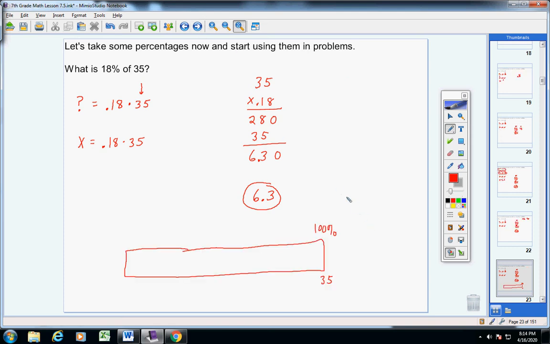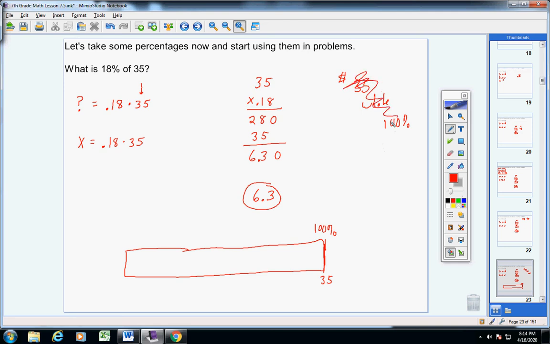All right, so 100% is 35 in this problem here, right? Sure it is. Let's pretend the t-shirt costs $35. That's the whole 100% price, okay?